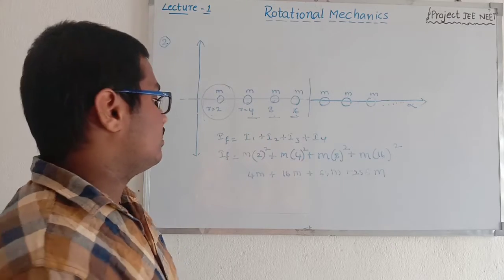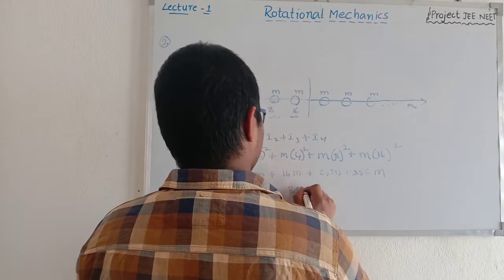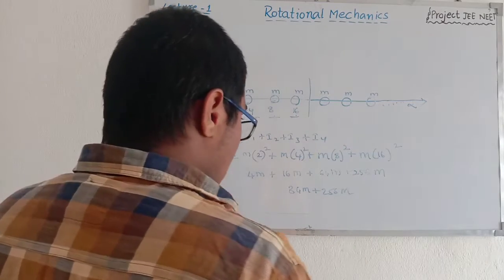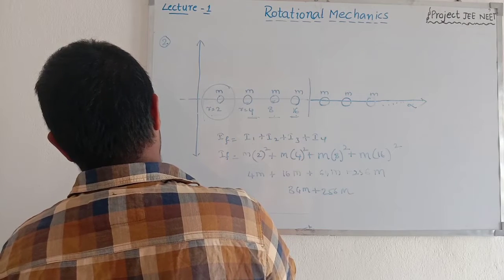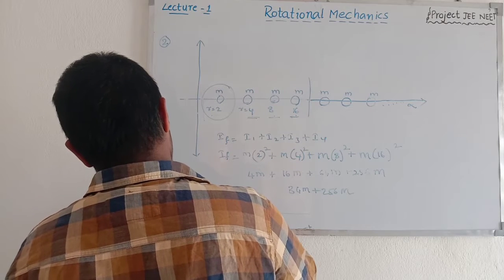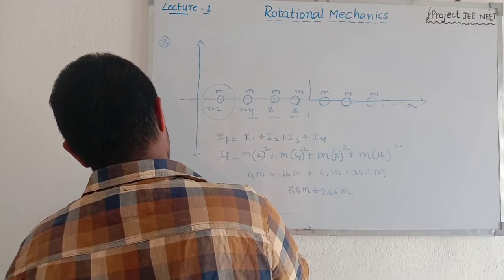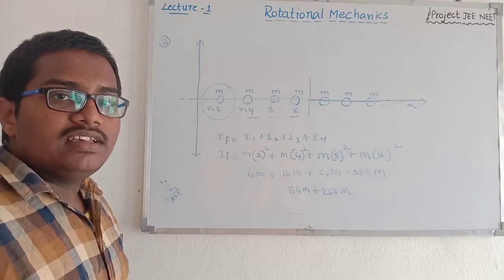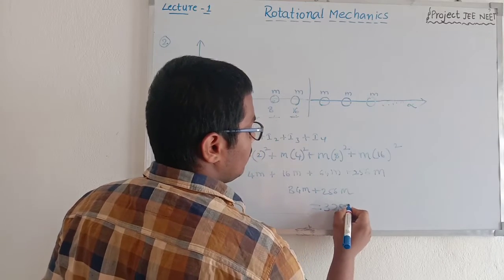So what is the final answer? 84m plus 256m, which is 320m.